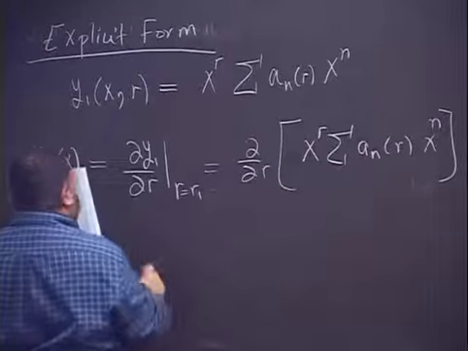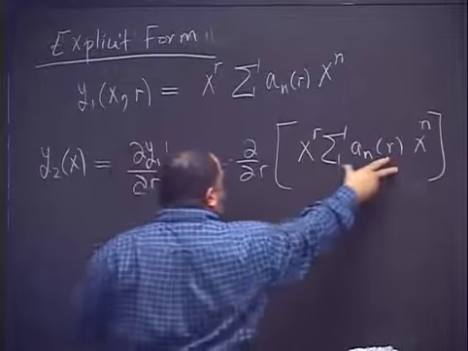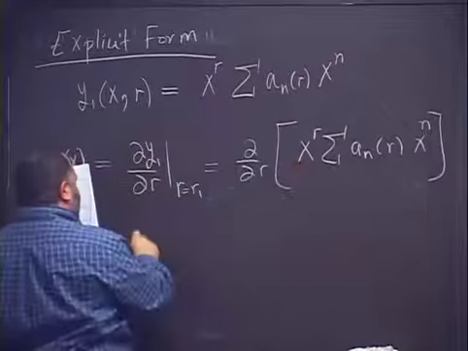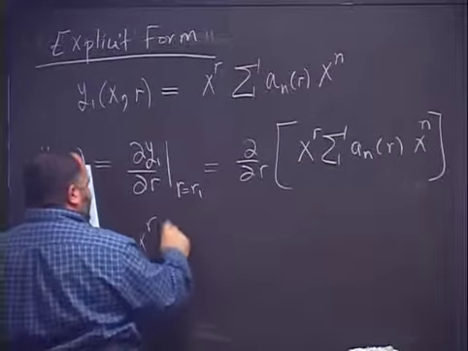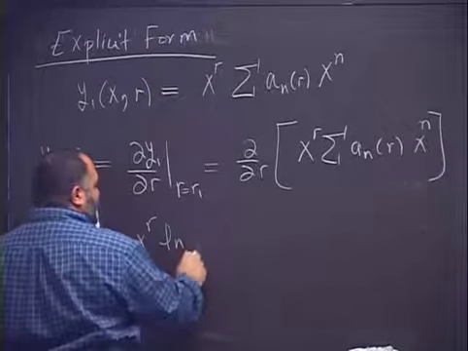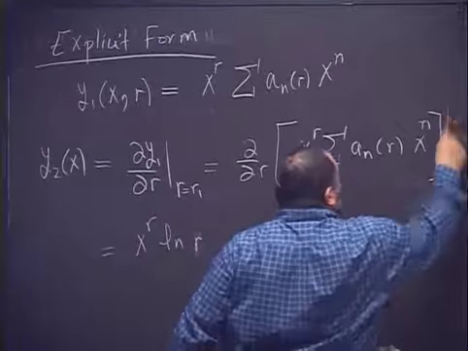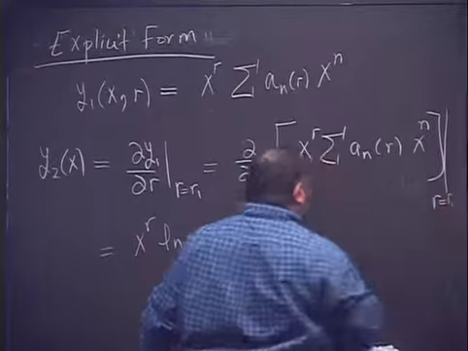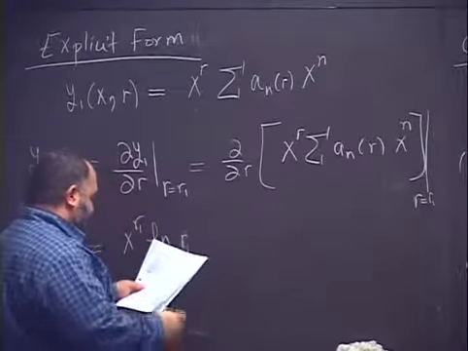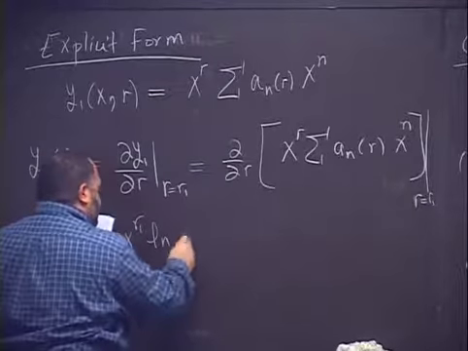And this is just, again, the first one. We take this as the first one multiplied by the differentiation of this. The differentiation of this, we just got that this is x to the power of r ln x. All of this is evaluated at r equal to r1. So this will be r1. Actually, this is ln x and not ln r.